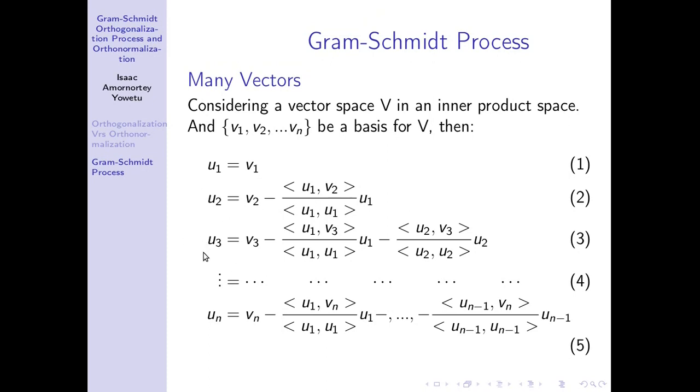Then u3 is equal to v3 minus the projection of v3 onto u1 minus the projection of v3 onto u2. The projection here is the inner product of u2 comma v3 over the inner product of u2 comma u2. That is what we consider to be the projection of v3 onto u2, and it continues that way until we get un.